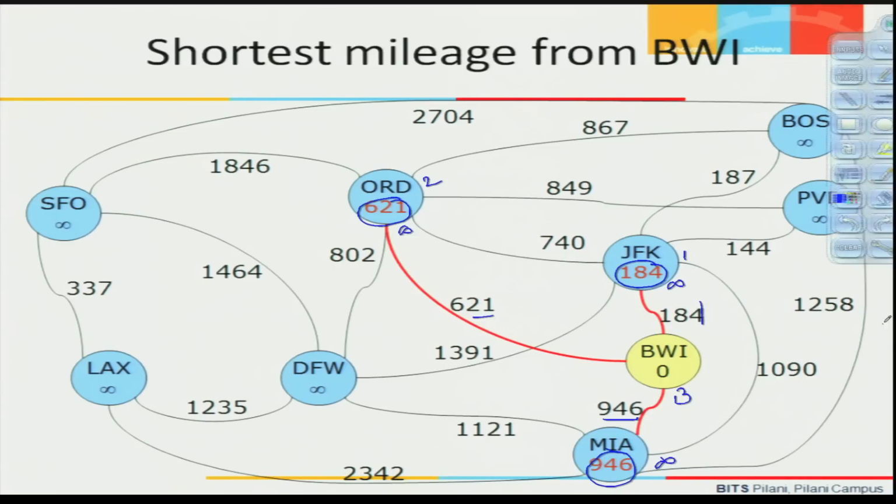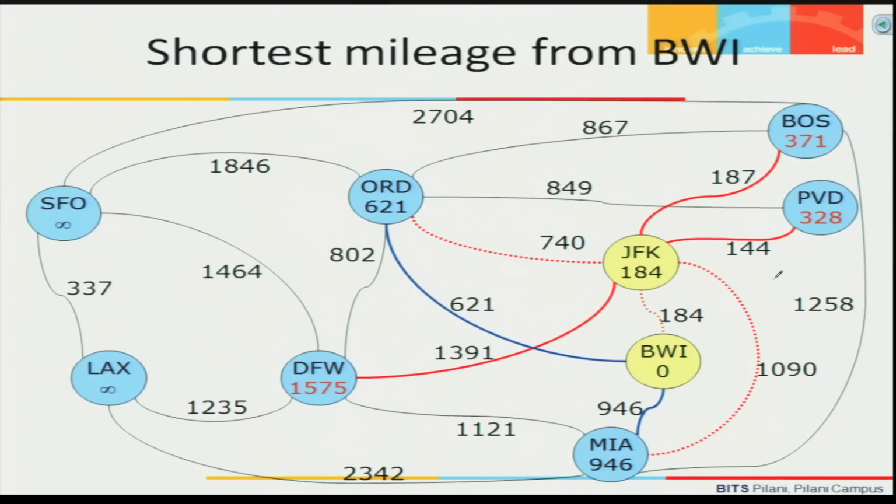And now we continue. Next, we pick up the node whose d label is going to be least, which is here. Of all the vertices, the d label of this vertex is least. Now, we look at all the vertices which are adjacent to it and update their d values. We see these vertices are all adjacent to the yellow vertex JFK.